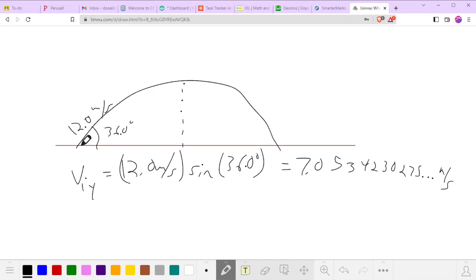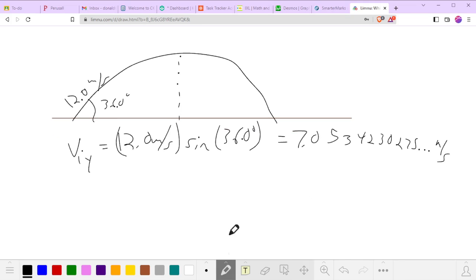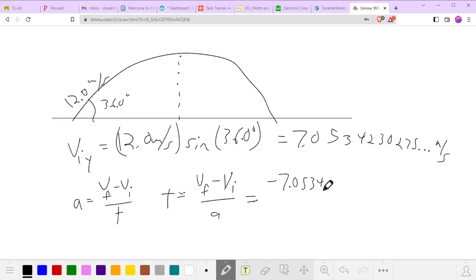And now we need to figure out how much time it spends in the air. For that, actually, if we just need the total time, we don't need the peak, no one's asking for the height, then we can just say acceleration is Vf minus Vi over t. So the time is the final velocity minus the initial over the acceleration. So the final will be a negative 7.0534 in the absence of air resistance.